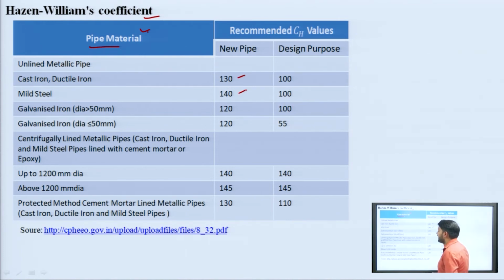For galvanized iron, if diameter is greater than 50 mm, the recommended value of CH is 120. But when we are going for design purposes, the value considered is 100 for galvanized iron less than or equal to 50 mm diameter. Okay. So, different materials have different values of CH, and the particular selection of value depends upon the material with which we are going to design a pipe.